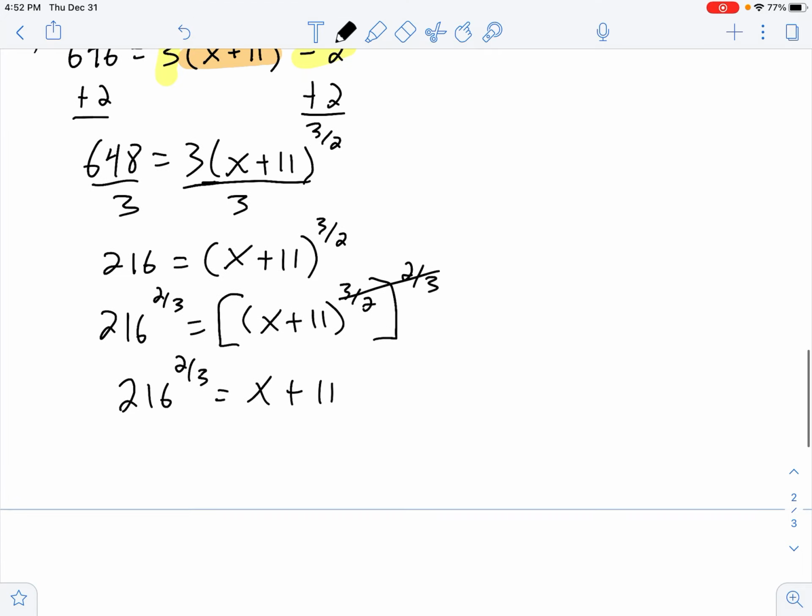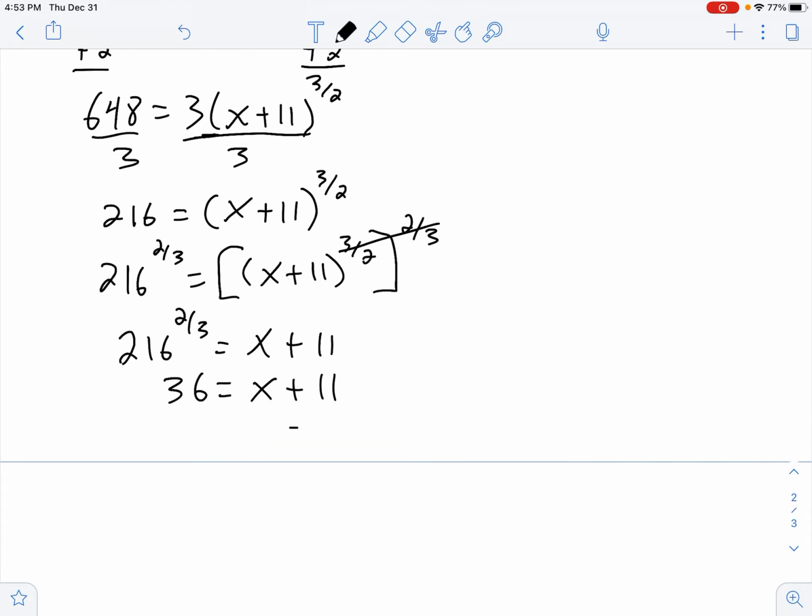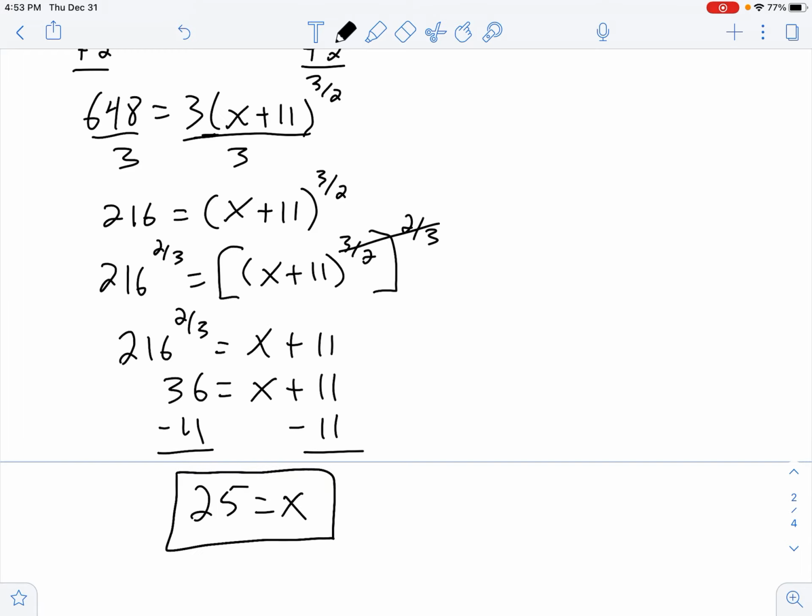Well, what is 216 to the 2/3? That is actually 36, so 36 is equal to x plus 11. To solve for x, we're going to subtract 11, and that's going to give us x is equal to 25.